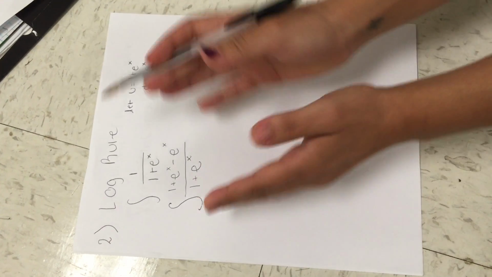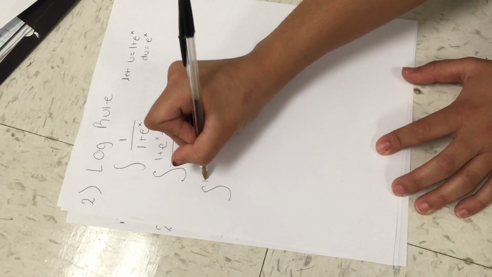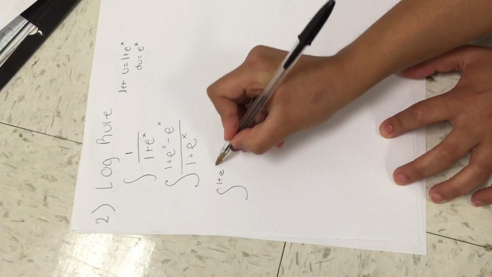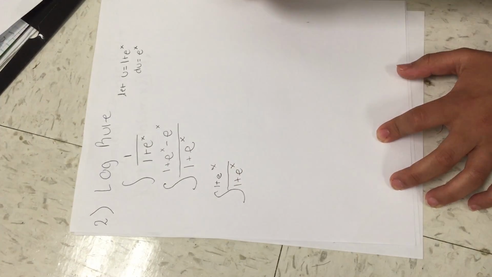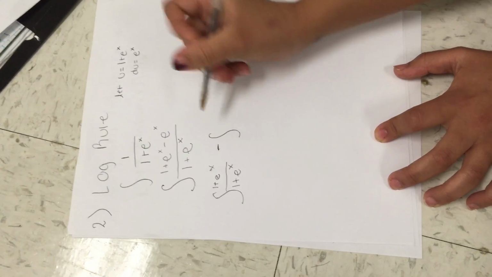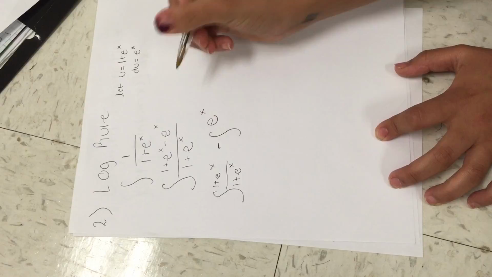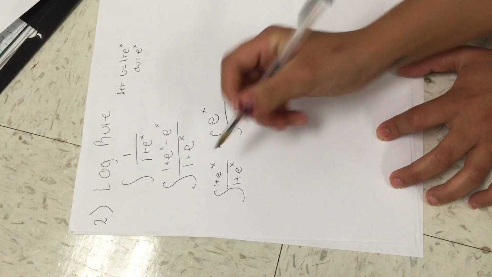So now I'm just going to split this integral, and I'm going to write 1 plus e to the x over 1 plus e to the x, which is this part, and then I'm going to put minus e to the x over 1 plus e to the x.